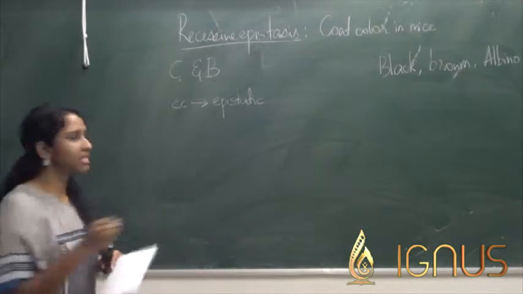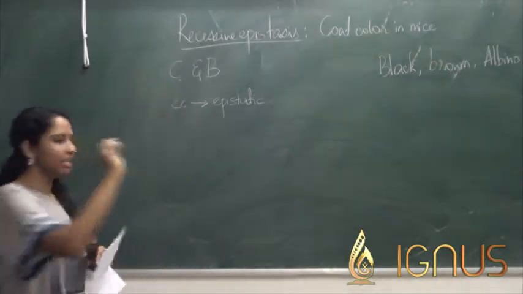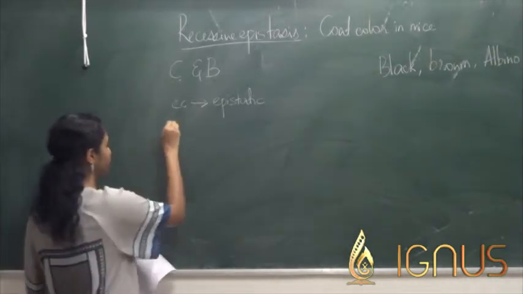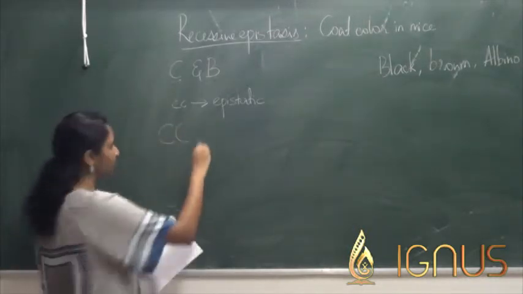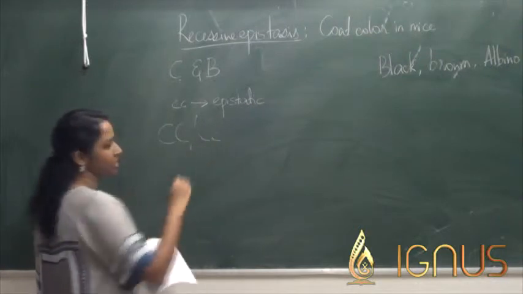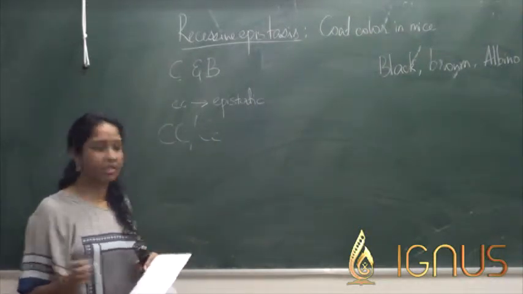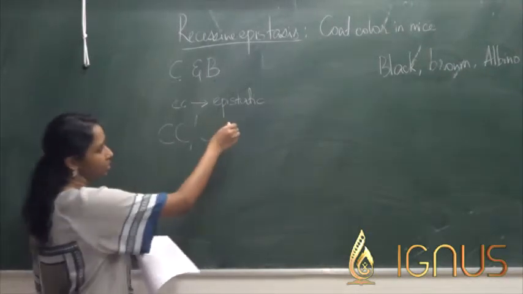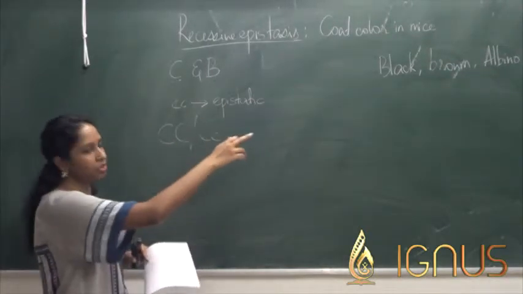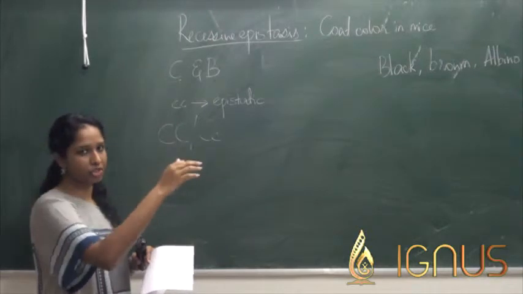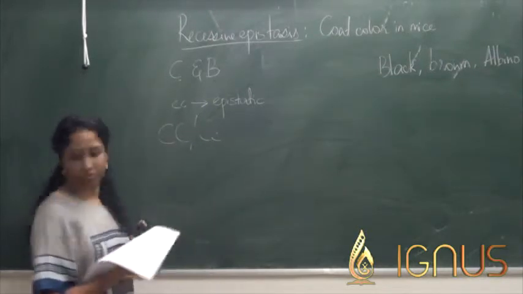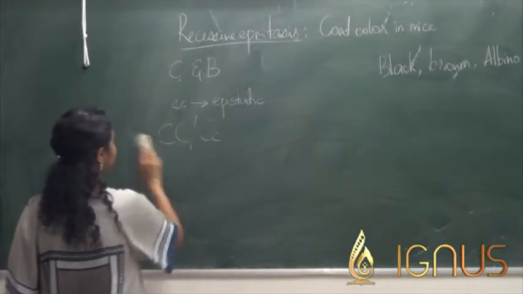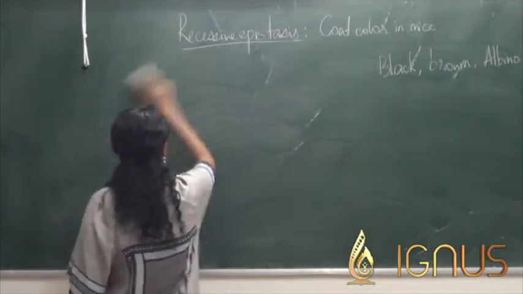Okay, so because this is recessive epistasis, the C gene needs to be in a double recessive state. If it is in homozygous dominant or heterozygous dominant, it is not going to mask. Only when it is homozygous recessive, it is going to be masking the other two coat colors. Okay, now to figure it out, we are going to do crossing again like we did with dominant epistasis.